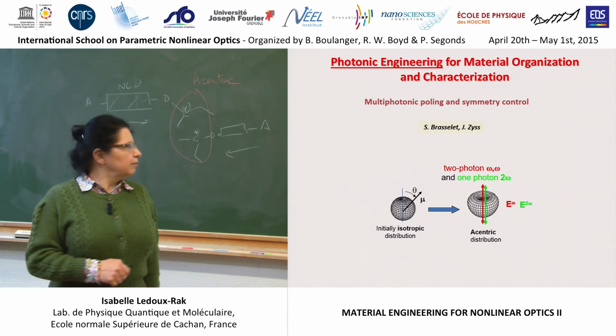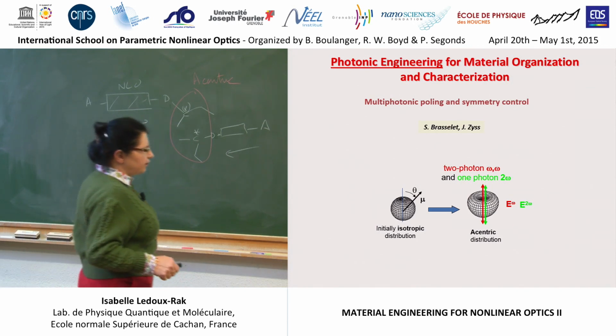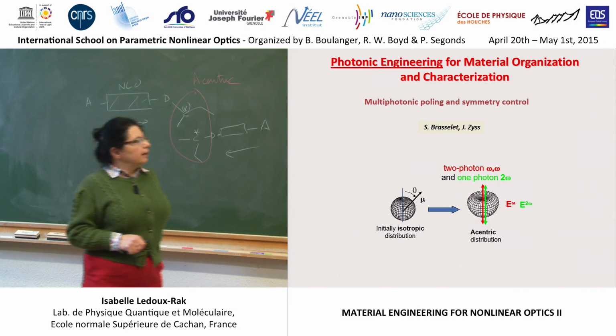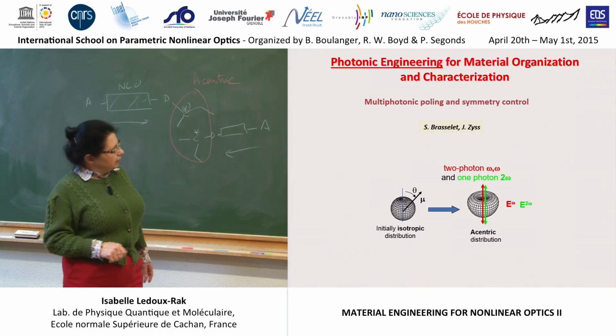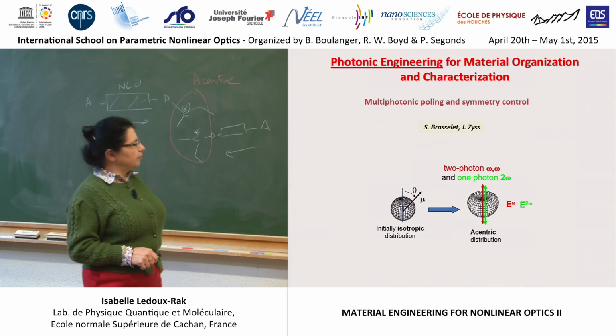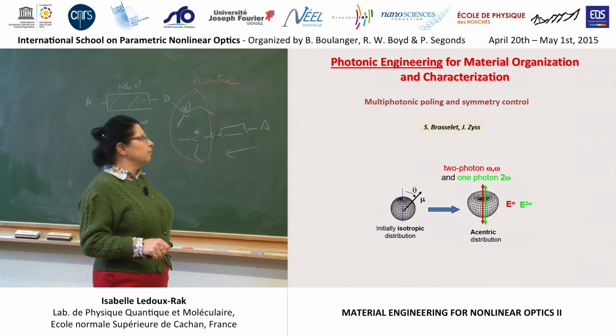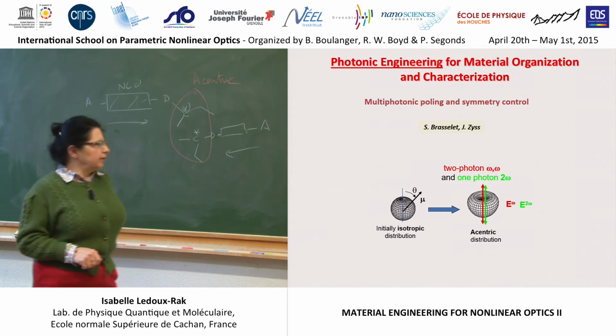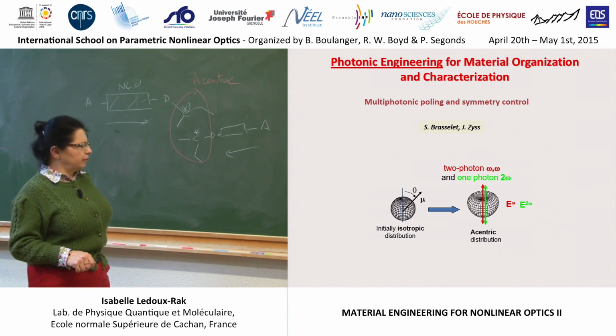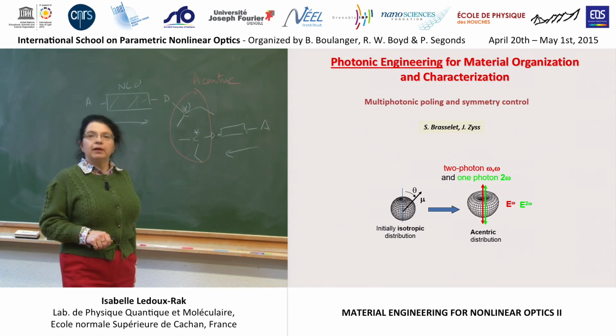So the idea was to start from an initially isotropic distribution and to apply to this distribution of nonlinear molecules simultaneously 2 photons at omega and 1 photon at 2 omega. And we will see in the following that it may induce an acentric distribution in the polymer.